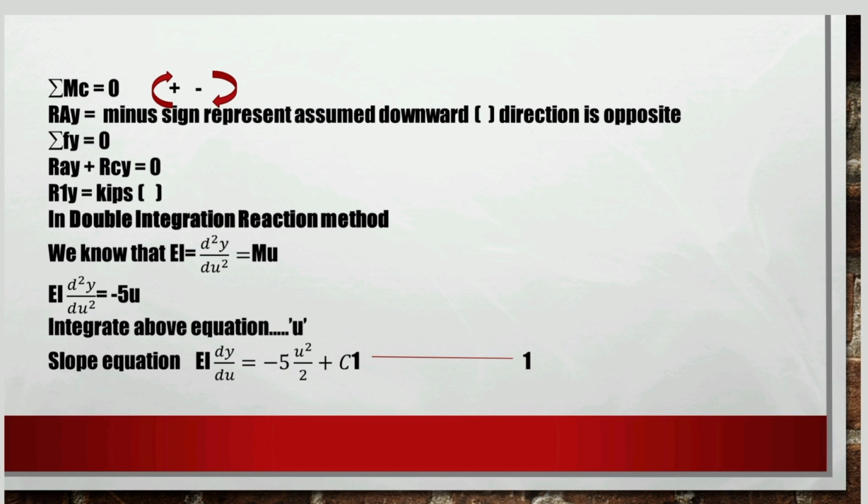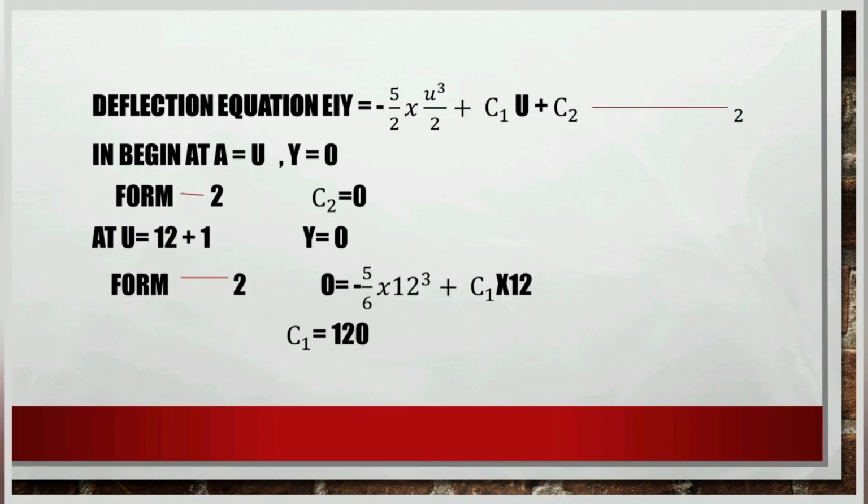Integrate the above equation. Slope equation: EI dy over dx equal minus 5x squared over 2 plus C1. We have our equation 1. Deflection equation: EI y is equal to negative 5 over 2 times x cubed over 3 plus C1 x plus C2. We have our equation 2.